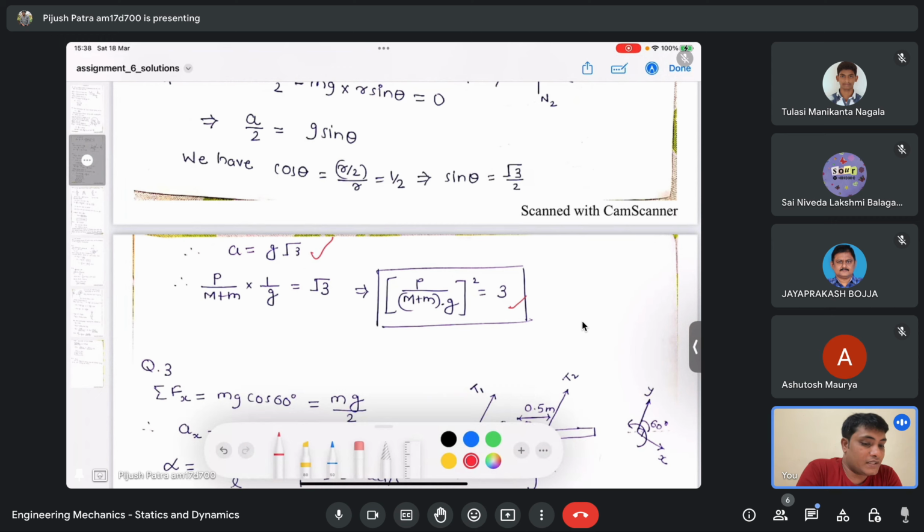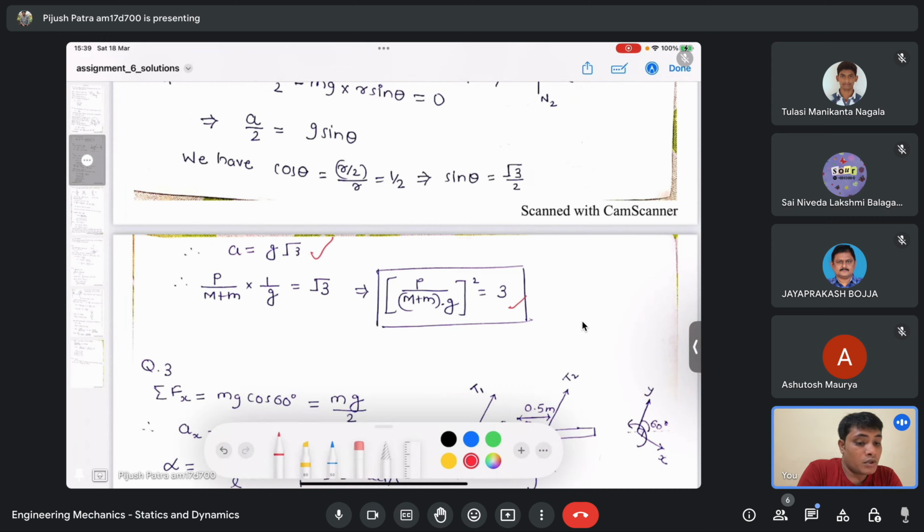In both cases, if you see from outside that you are just applying some force on the system, it will accelerate, and that acceleration should be that external force divided by the total mass of the system. That is valid for all the problems.